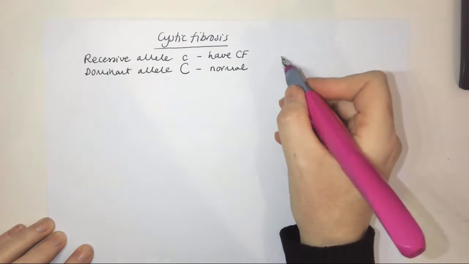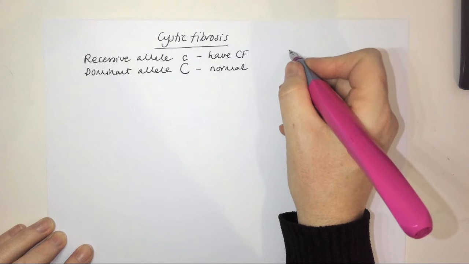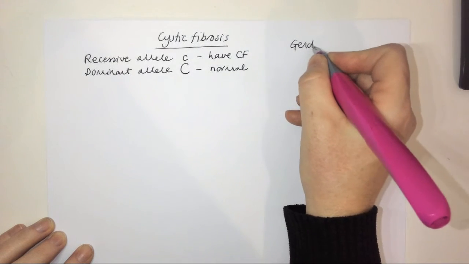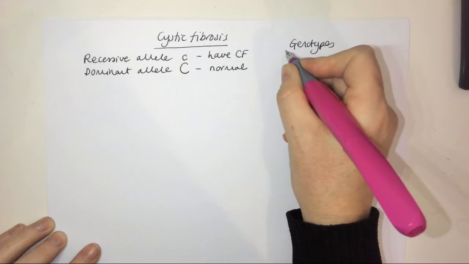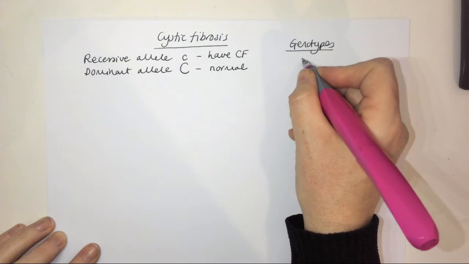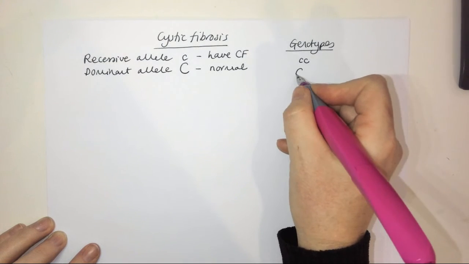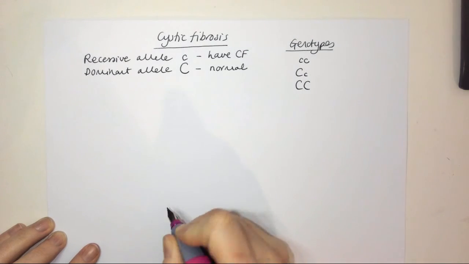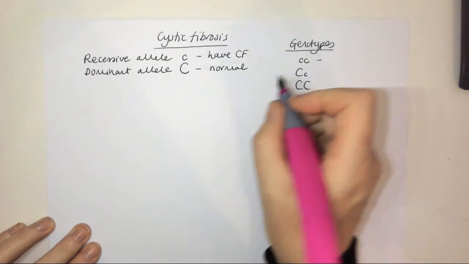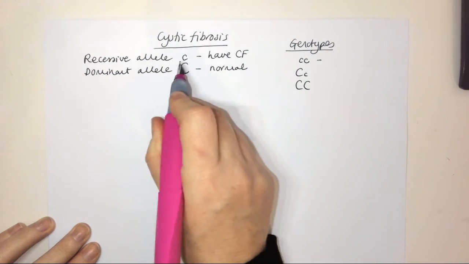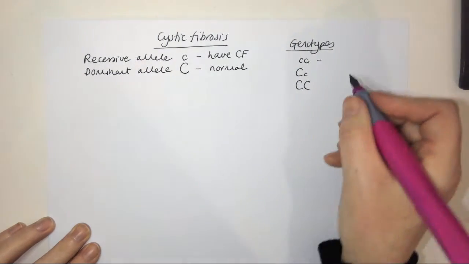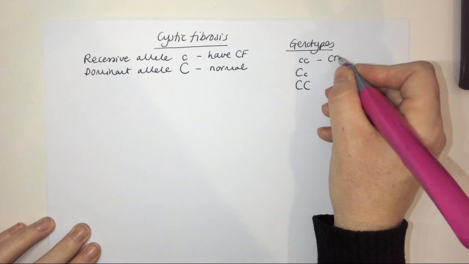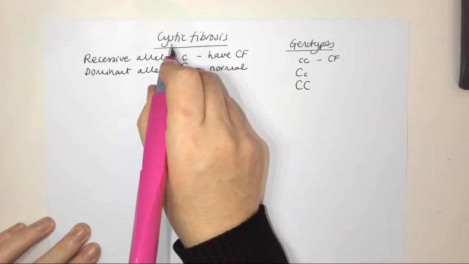The thing about having a particular condition that is caused by a recessive allele is that you can have a carrier. So the possible genotypes would be: we could have two little c's, we could have a big C and a little c, or we could have two big C's. If you have two little c's, because the condition is caused by the recessive allele, you're going to have CF, cystic fibrosis.